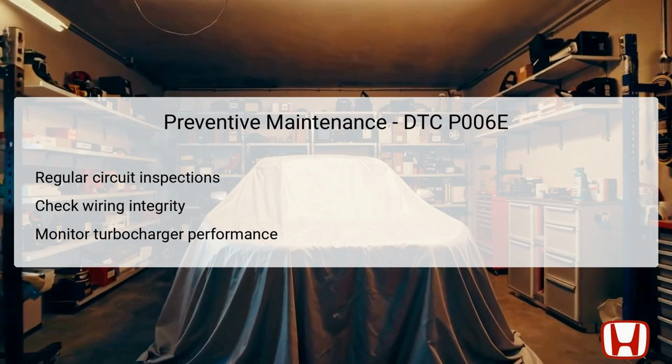Technicians should routinely check the integrity of the wiring, looking for signs of wear, fraying, or corrosion that can compromise electrical signals. Additionally, monitoring turbocharger performance during routine vehicle checks can catch problems early, ensuring that the vehicle receives adequate boost pressure and operates efficiently. Proactive maintenance will not only enhance reliability, but also extend the service life of the vehicle's turbocharger system.